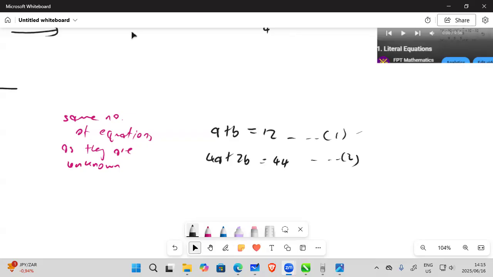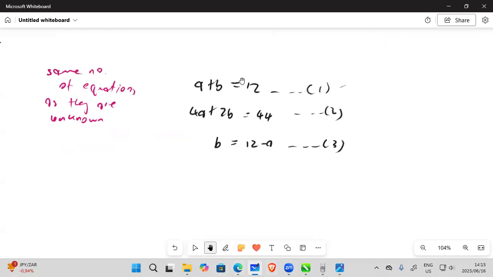If we use substitution here, we can make one of these two variables the subject of the formula. So I'll say B is equal to 12 minus A. I'll call this here equation 3. Then I'll say substitute equation 3 into equation 2.